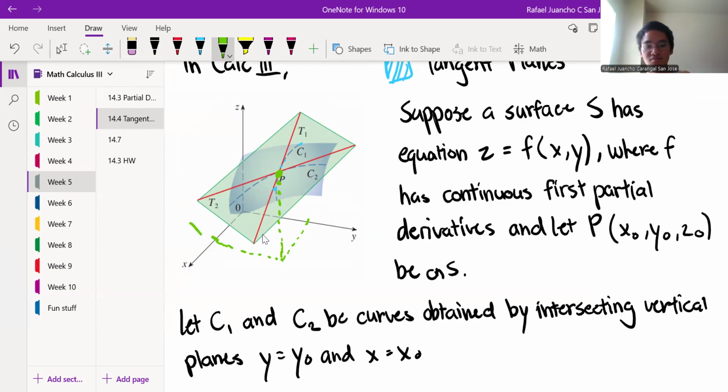X naught, y naught. Now, what were the planes? For y equals y naught, well, this is the plane. There we go. Don't expect my drawing to be super good. It's that plane, right? Actually, this looks ugly. My bad. I didn't mean it like that.